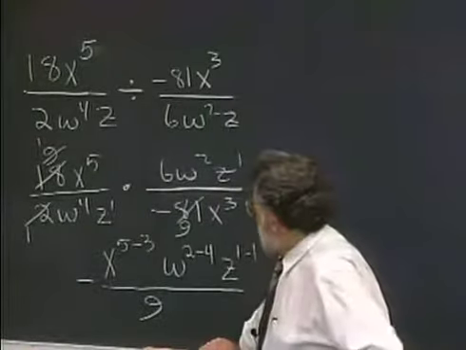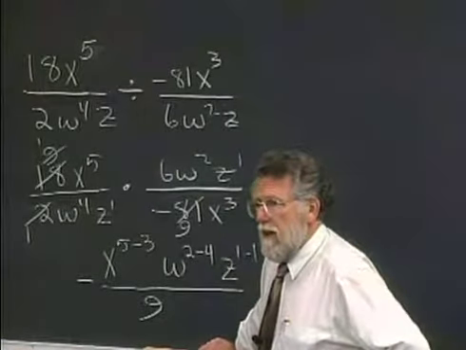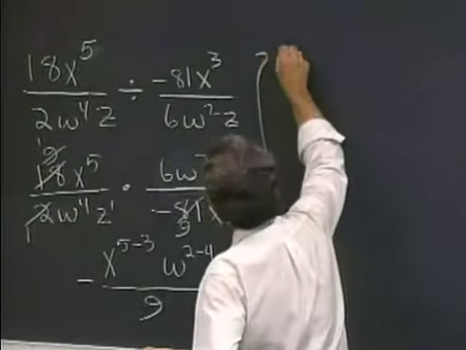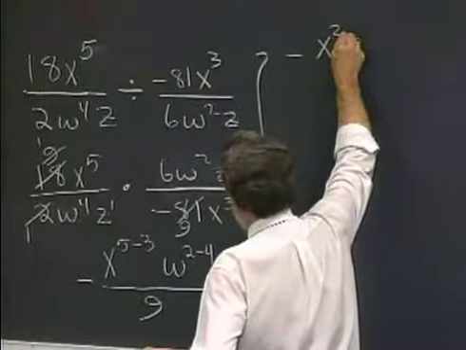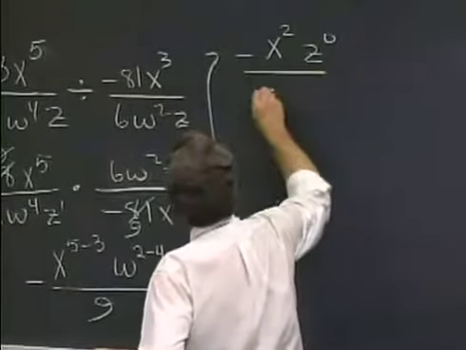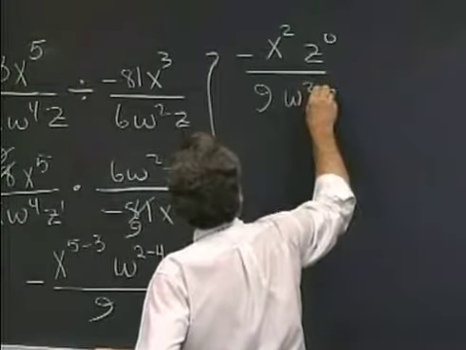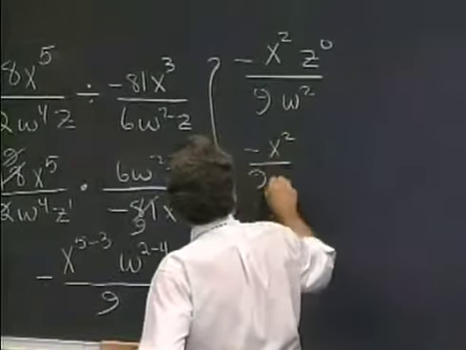And so the form that you will want in the book or on the computer before I answer questions is going to be minus, then you're going to have x to the second, z to the 0 over 9w squared, which then becomes negative x squared over 9w squared.